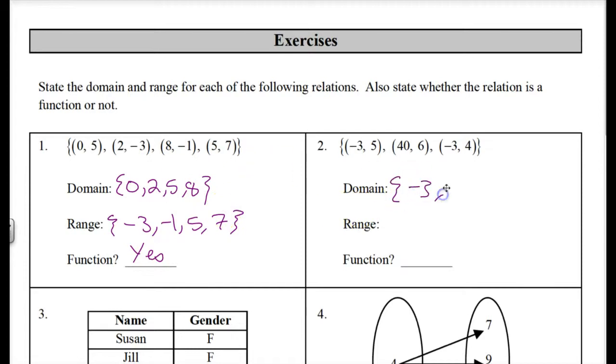Each element of the domain occurs only once. Next, domain -3 and 4, 0. We will not repeat domain elements, even if they're repeated. And here, 4, 5, 6. And we can say, hey, wait, these two values. No, not a function.